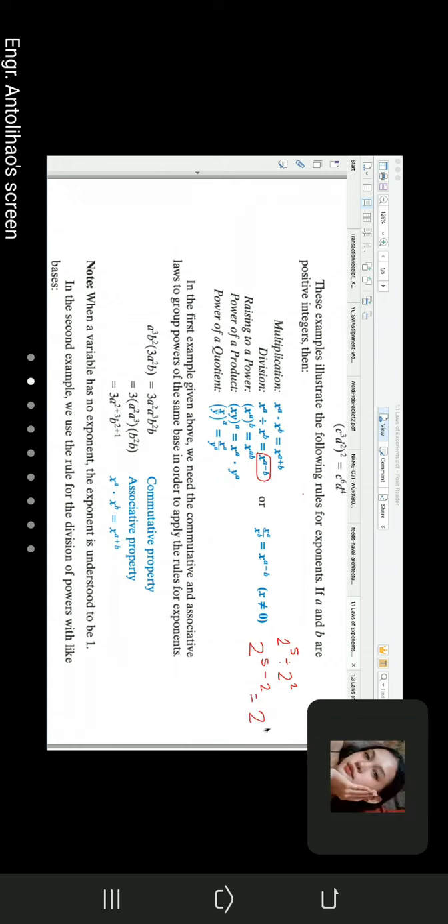Okay, here, the example is 2 to the power of 5 divided by 2 to the power of 2, or 2 squared. Since we're using the division rule, that would be 2 to the power of 5 minus 2, which is equal to 2 cubed.